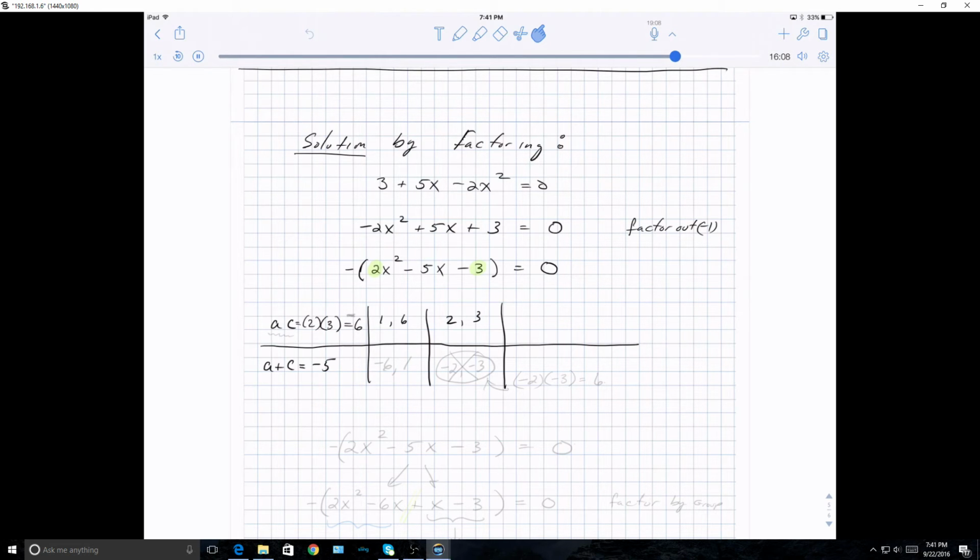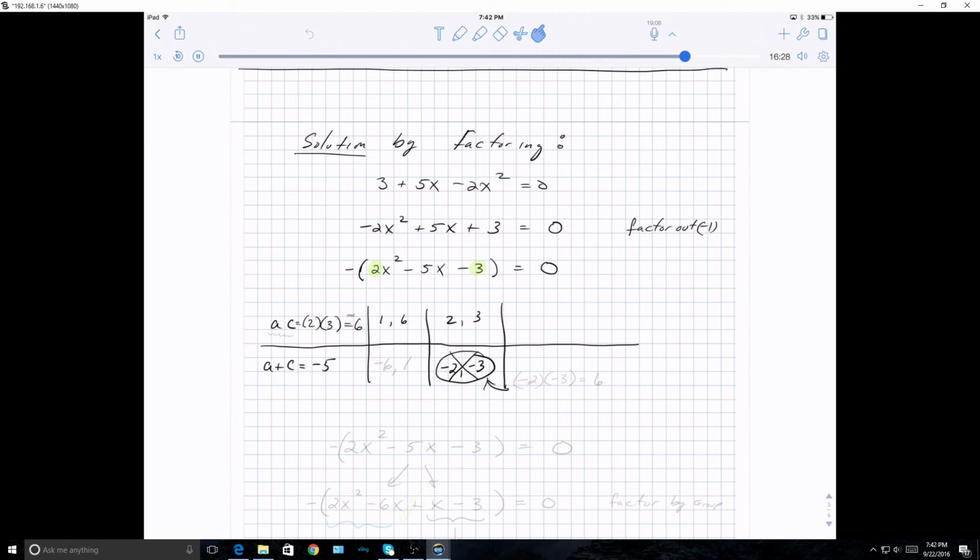So all we have to do is find the ways to combine any of these values to get to negative 5. Well, it looks like we can use both of them. However, it's not as clear. We cannot use negative 2 and negative 3. Why can we not use these?